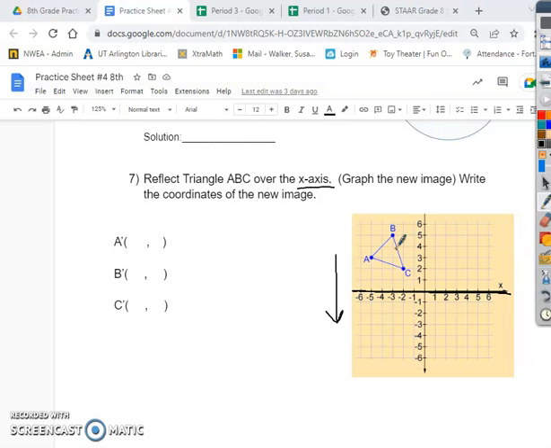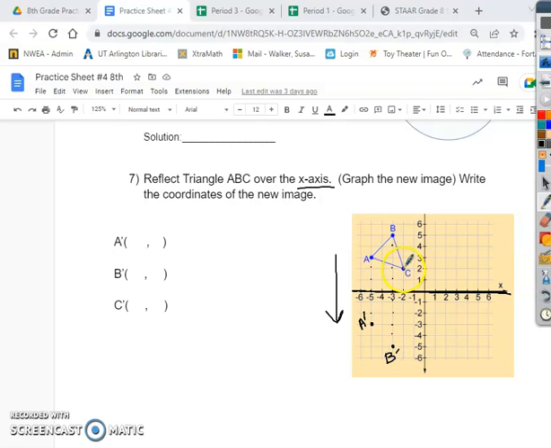All I have to do is count to the axis, and then you count that many more. So like I would say 1, 2, 3. Now I'm at the axis. 1, 2, 3. That's my new A. B, count to the axis. 1, 2, 3, 4, 5. 1, 2, 3, 4, 5.